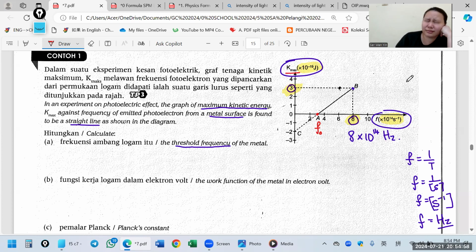How to calculate? E equals hf. So this is the threshold frequency. Okay, I got it.